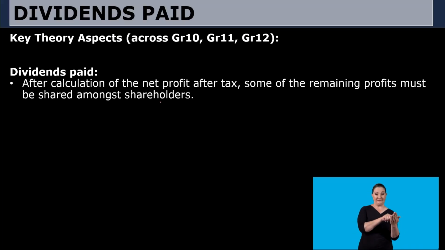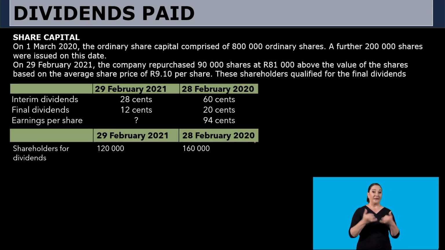Now, here are the key theory aspects that you need to know. After calculating net profit after tax, some of the remaining profits must be shared amongst shareholders. In grade 12, we are now dealing with shareholders. They are the owners of the company, so they get the profits that remain after we have paid our income tax. In this question we are told that on 1 March 2020, the ordinary share capital comprised 800,000 ordinary shares.